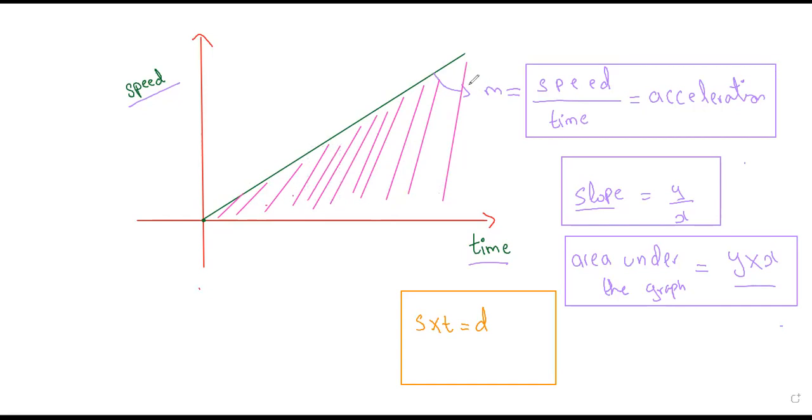And the area under the curve is basically giving you information about the distance. So this is basically the distance traveled, and the slope is giving information about acceleration, right? That is good.